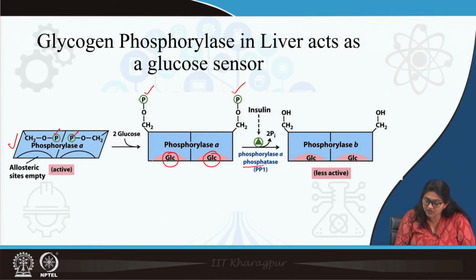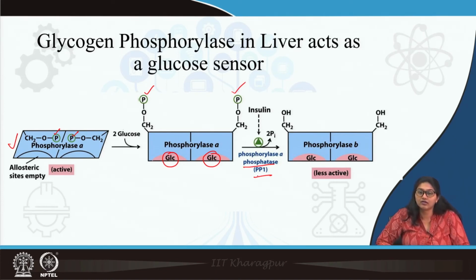To the phosphatase, and this phosphatase causes the dephosphorylation and inactivation of phosphorylase A. So, basically the circulating free glucose enters hepatocytes, and by allosteric modification it causes dephosphorylation of phosphorylase and inactivation, and this happens in the case of liver. So, this is how liver phosphorylase acts as a sensor of blood glucose level.